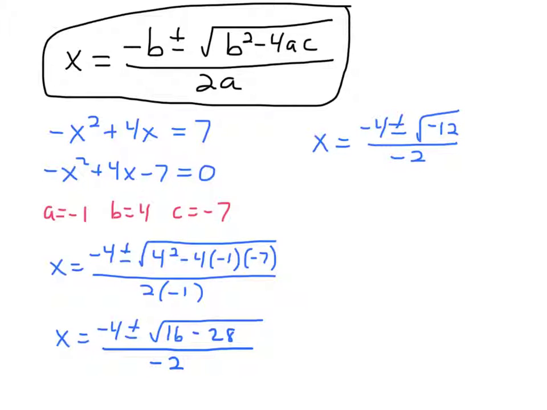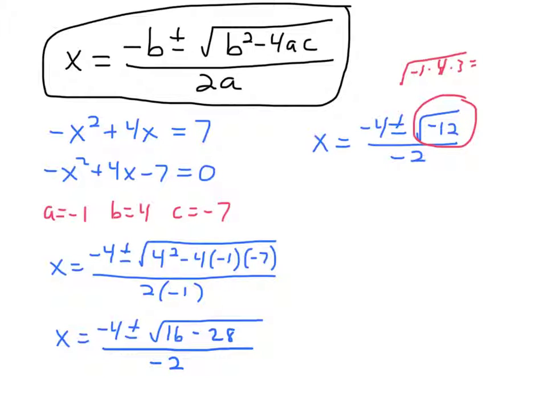Now that's a square root of a negative number. So that right there is an imaginary number. When that happens, we want to write that in terms of i. So we could write negative 12 as negative 1 times 4 times 3.